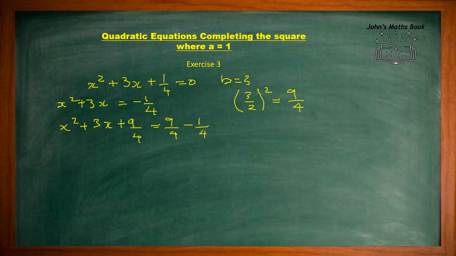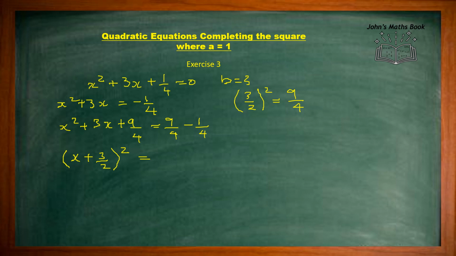So on the left hand side we now have a perfect square trinomial which can be factorized as follows. So we put x and then we add half of the b term. The b term is 3, so we halve it, 3 divided by 2, and that value is all squared, and that equals 9 divided by 4 minus 1 divided by 4, which is 8 divided by 4.